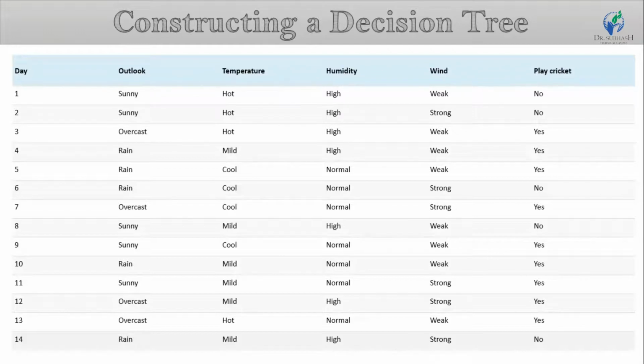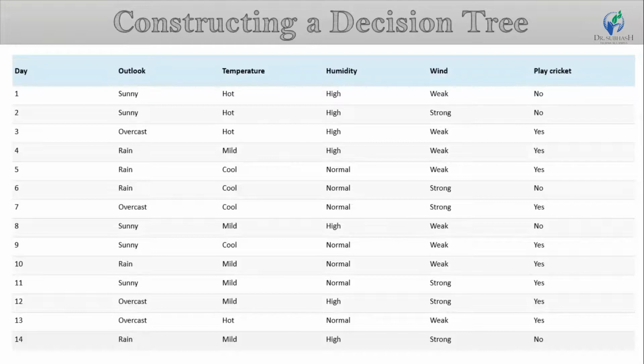Our target class here is play cricket, and our predictors are outlook, temperature, humidity, and wind. Based on the predictor classes, we have to find out in which condition we can play cricket.